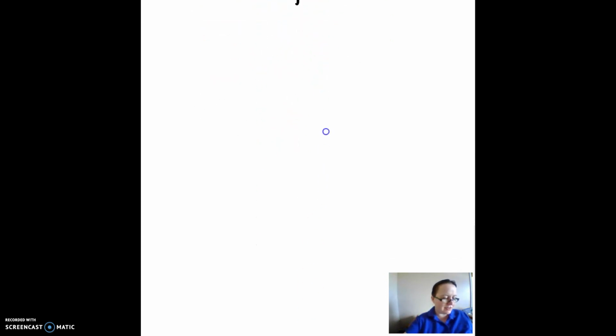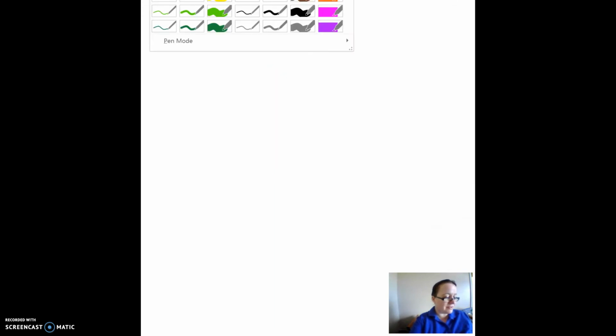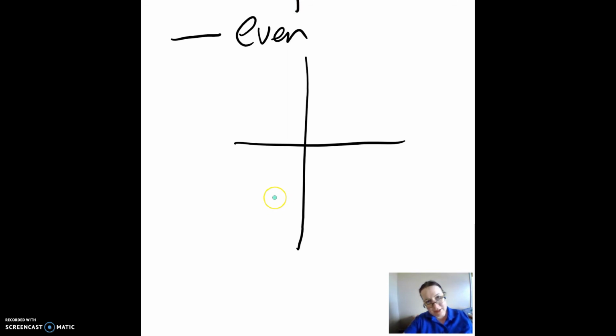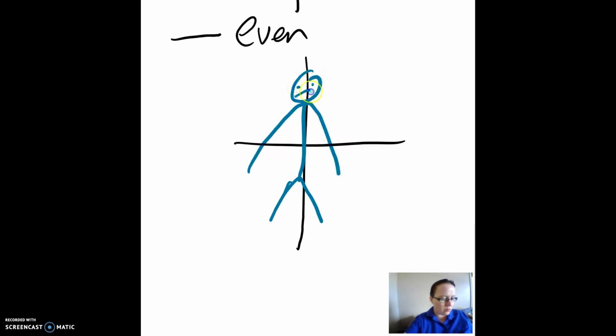Alright, let's check out the next one in our land of polynomial graphs. The next we're going to look at is evenly negative. As you might guess, if the last one was evenly happy, this one is evenly blue. This is very blue. He puts his arms down in a frown.